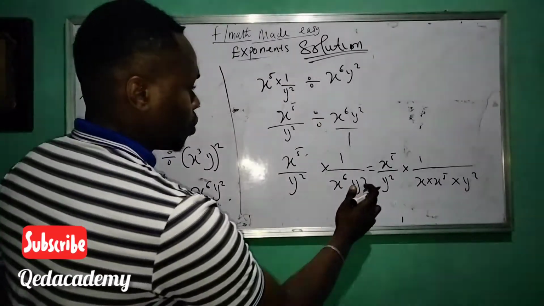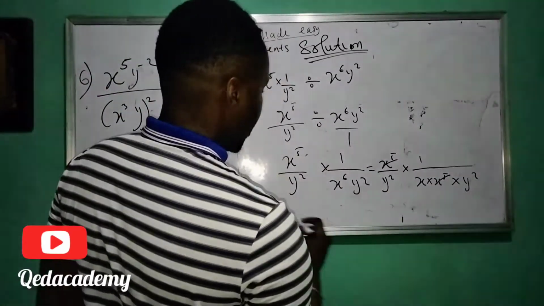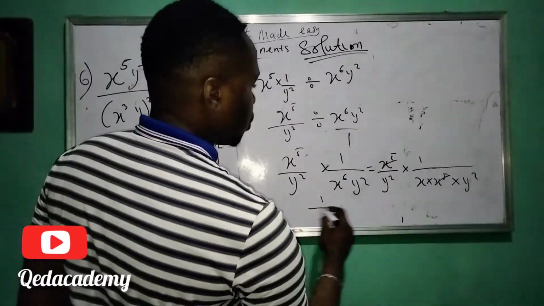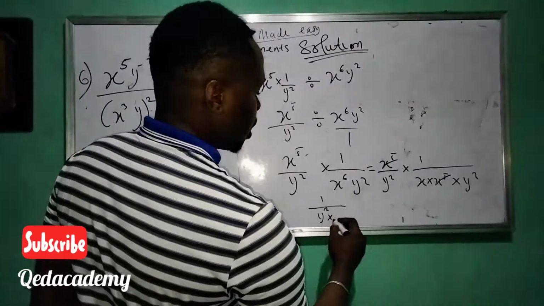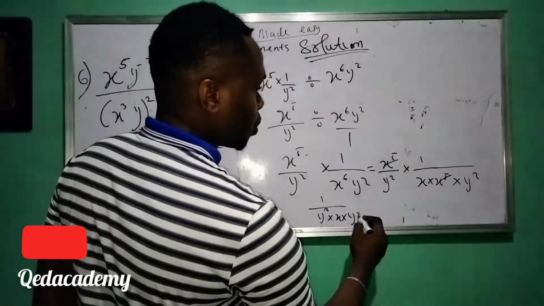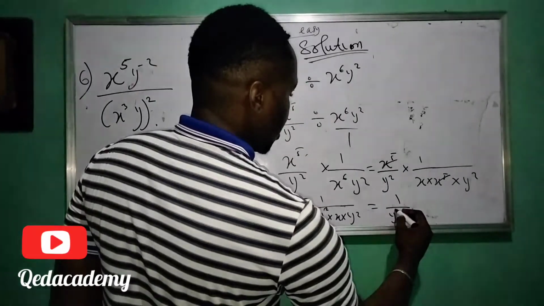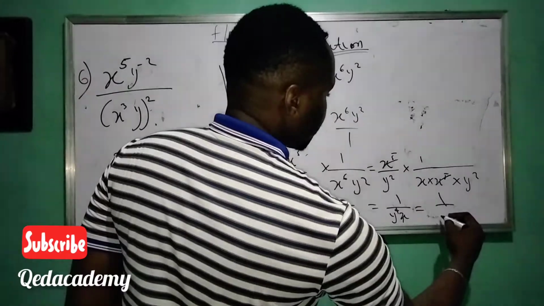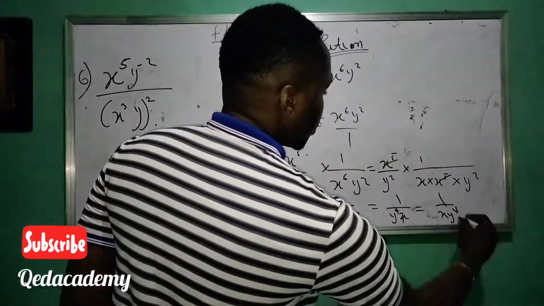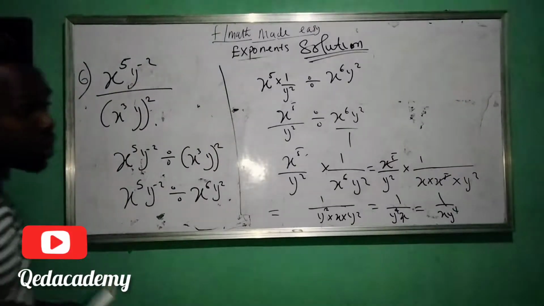So I'm going to cancel this. I'm going to have 1 over y squared times x times y to the power 2. So this becomes 1 over x y raised to the power 4. That is what it is, guys.